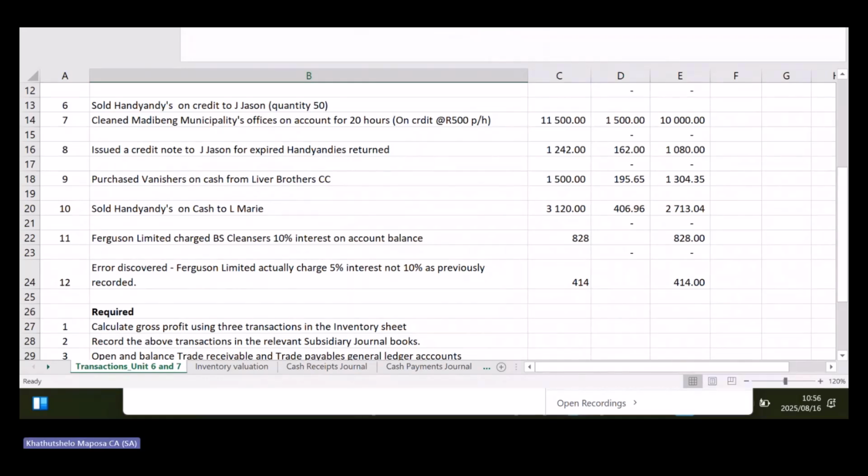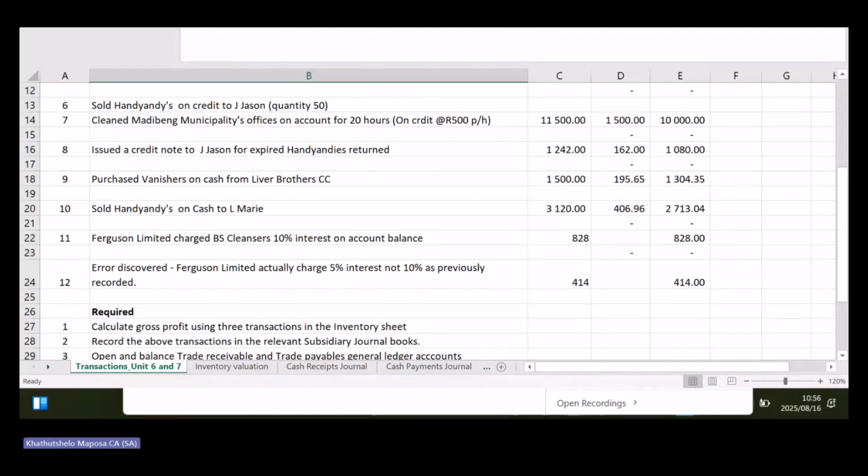And then the next one, they say our supplier charged us 10% interest on account balance. Which one are we going to use? Did we buy anything there, or did we sell anything there? Ferguson Limited charged us 10% interest on the account balance.